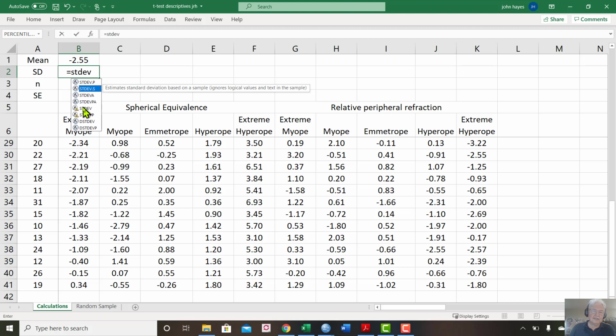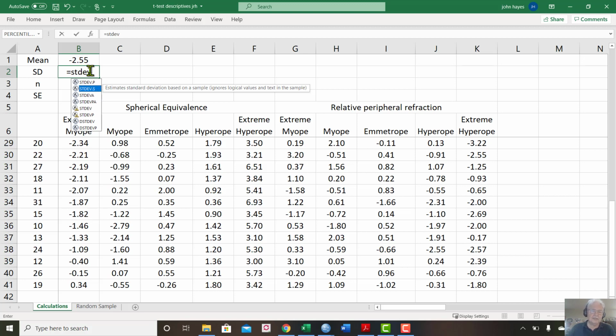Those two are exactly the same thing. And the STDEV.P is the population standard deviation. The difference between these two is that population is the sum of squares divided by n, and the STDEV.S is the sum of squared deviations divided by n minus 1.